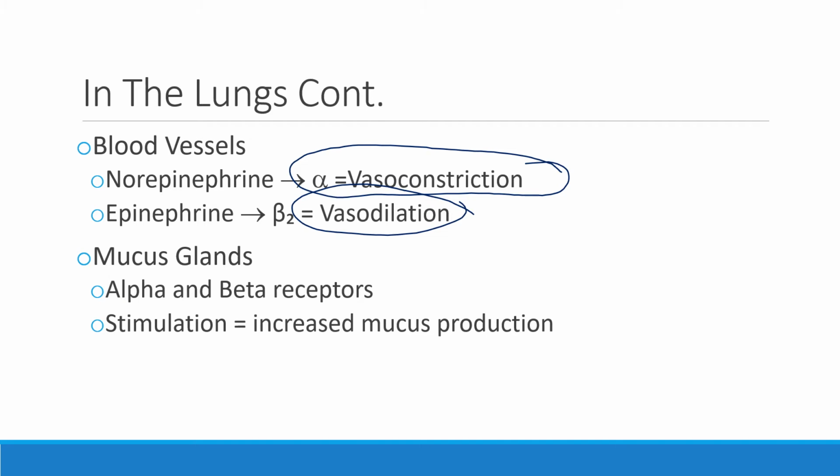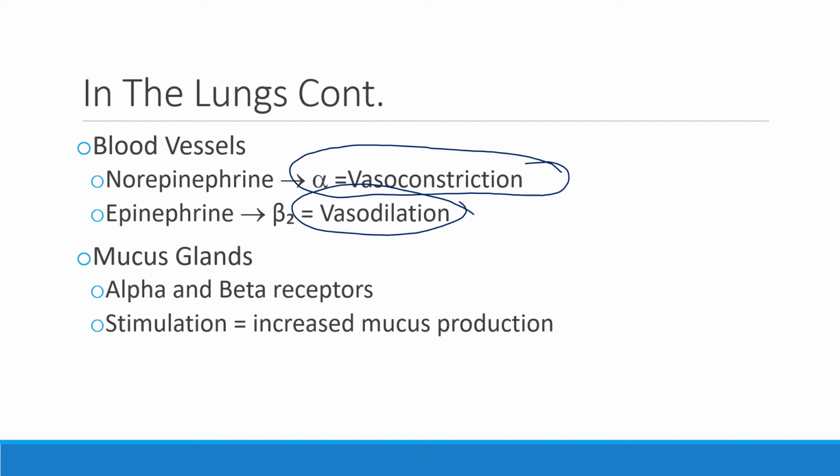So if your body releases epinephrine naturally from the adrenal medulla, then you're going to have more bronchodilation and vasodilation effect from that epinephrine release compared to a norepinephrine. Norepinephrine would cause pulmonary vasoconstriction because it's an alpha. Epinephrine would eventually release beta-2 in your lungs, which would cause vasodilation.